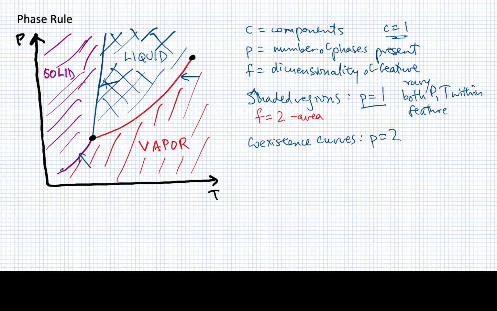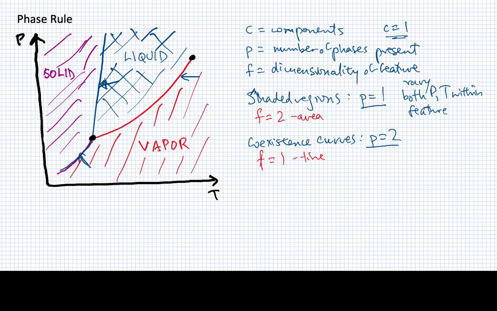On the purple curve down here, which now is looking blue, I have both solid and vapor. And on the blue curve up here, I have both liquid and solid. So I always have two phases on one of these curves. But the dimensionality of the curve itself is just equal to 1. It is a line or a curve, so it has a dimensionality of 1.